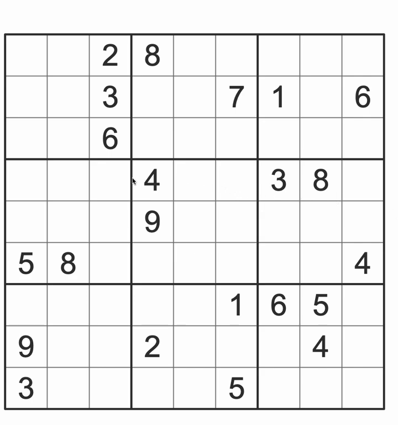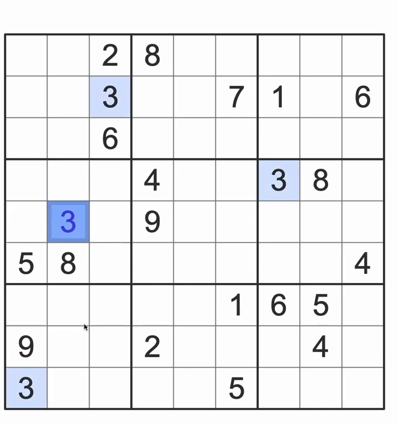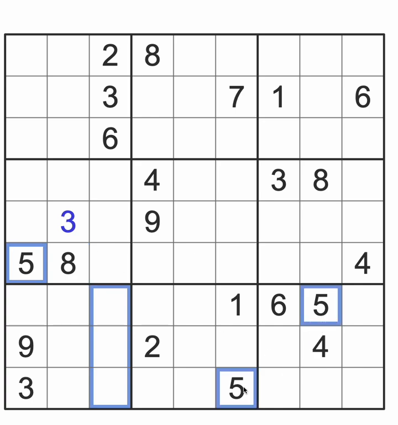First thing first, let me place some singles. I can place 3 in box 4. This 3, and this 3, they block these cells. Gives me 3 here. I can place 5 on column 3. This 5 blocks these. 5, 5.